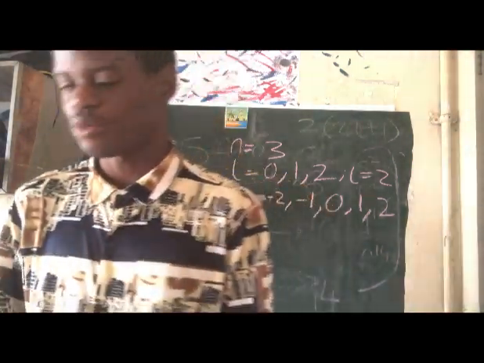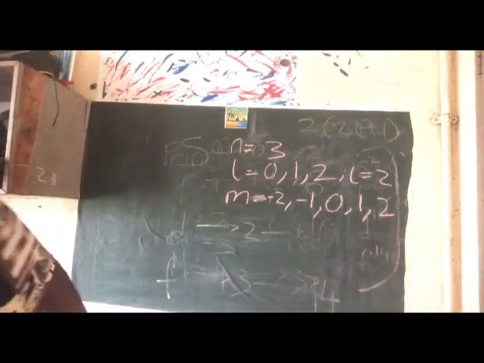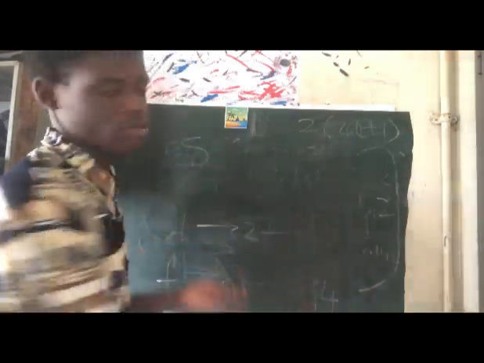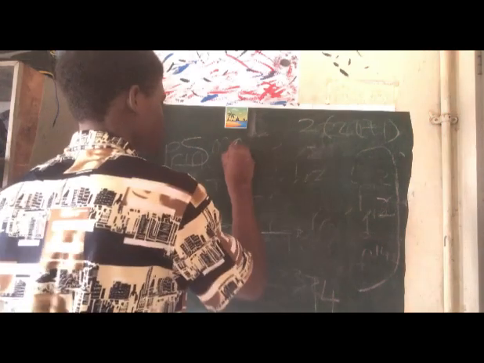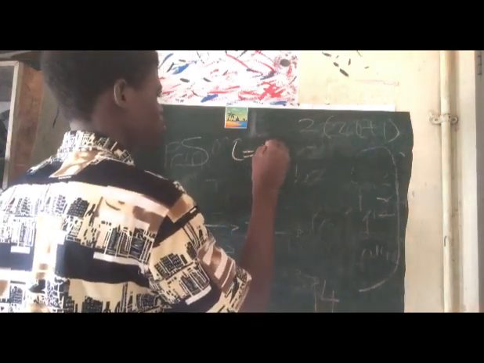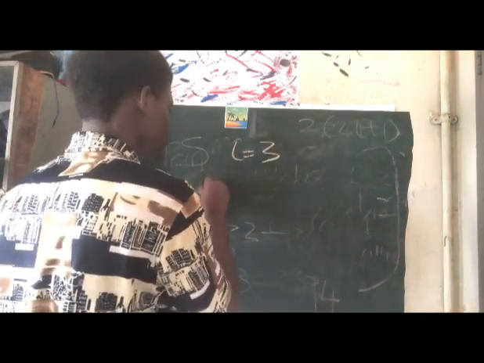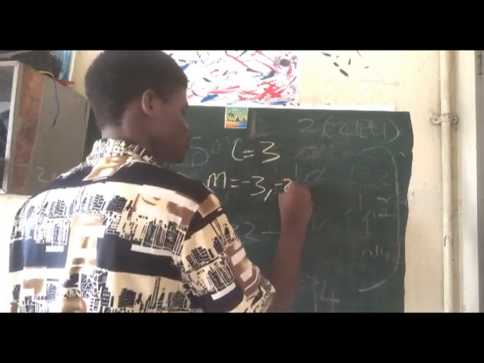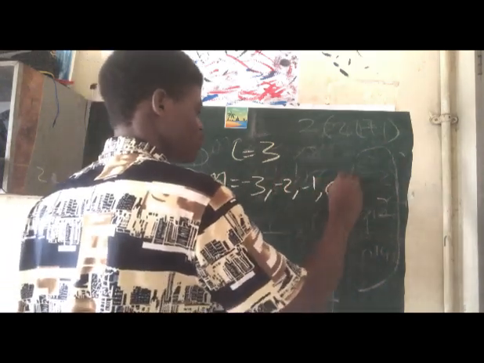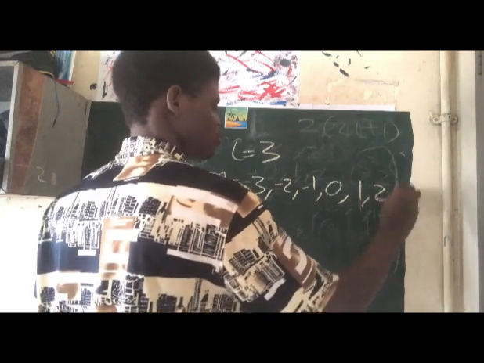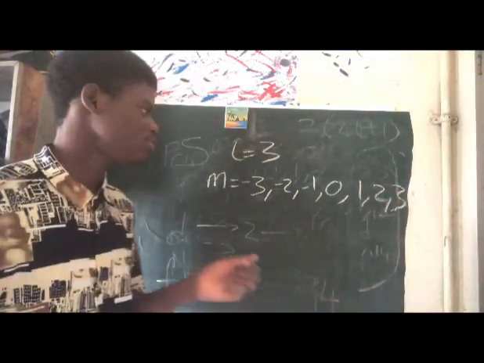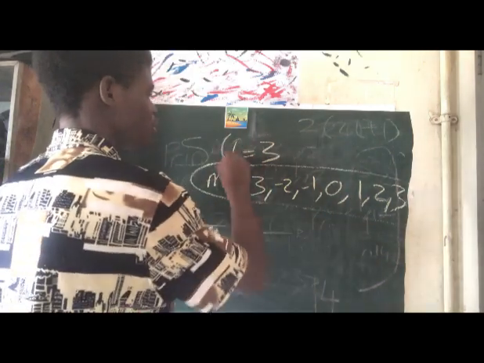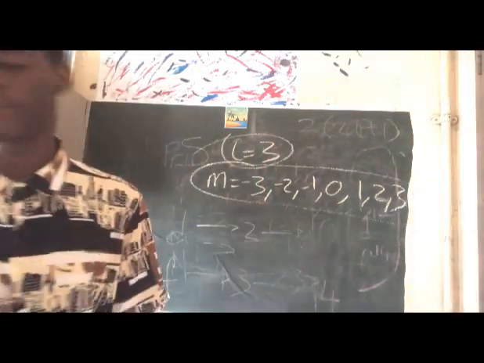Let's say the azimuthal quantum number l is equal to 3. The magnetic quantum number will now be -3, -2, -1, 0, 1, 2, 3. So this will be the magnetic quantum number if l is equal to 3. So that's how it is.